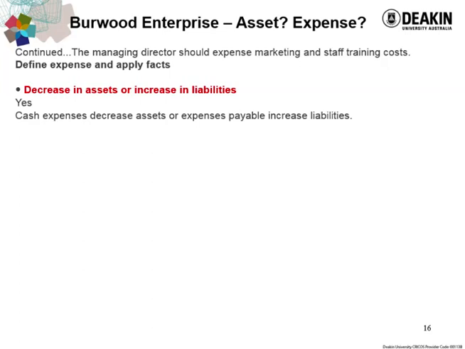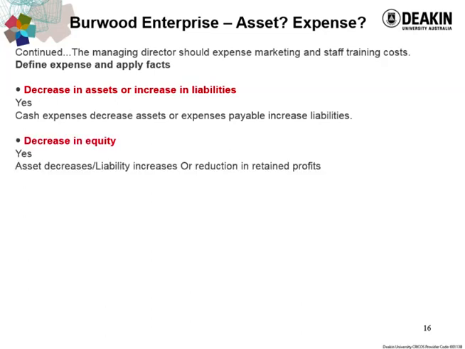Alternatively, if we owe those expenses, the liability will increase. Next, is there any decrease in equity? Yes, because the reduction in asset or increase in liability will lead to a reduction in equity. Is it a distribution to equity participants? No, it is not a dividend payment to shareholders.